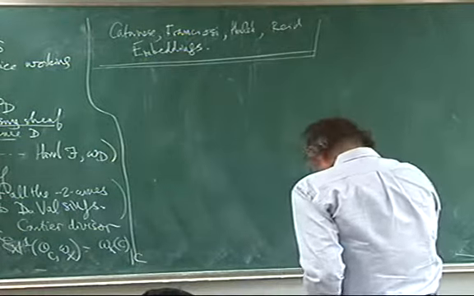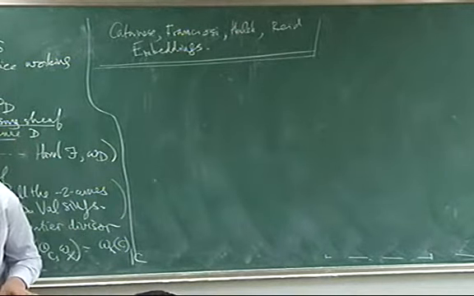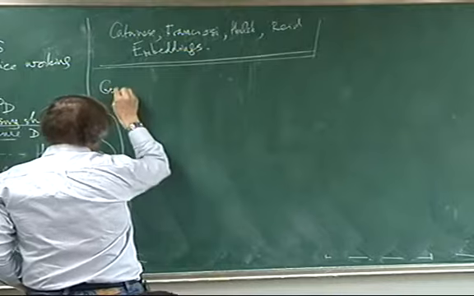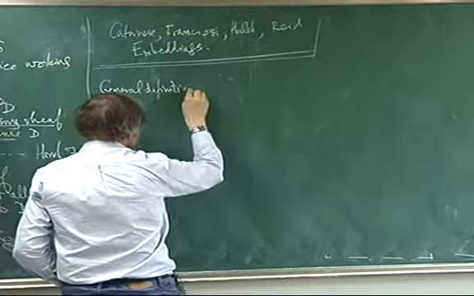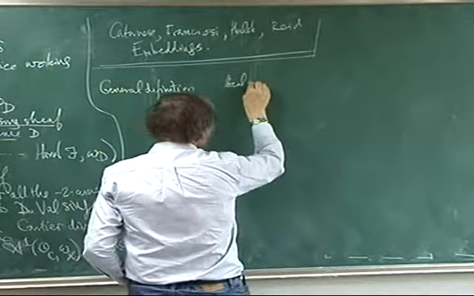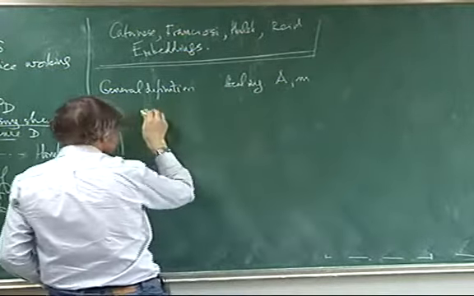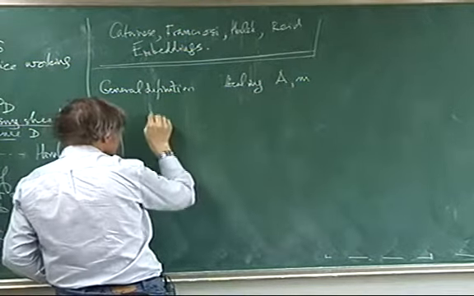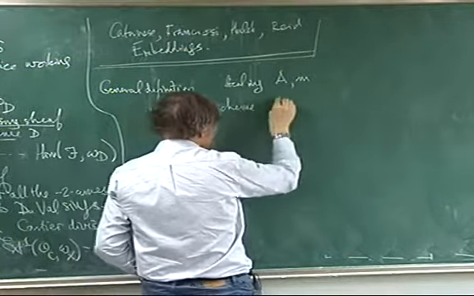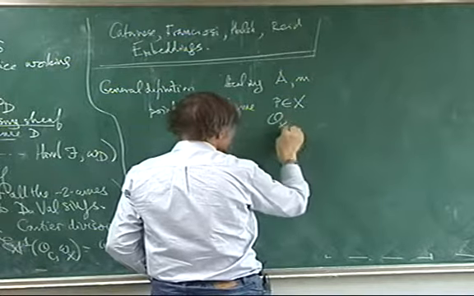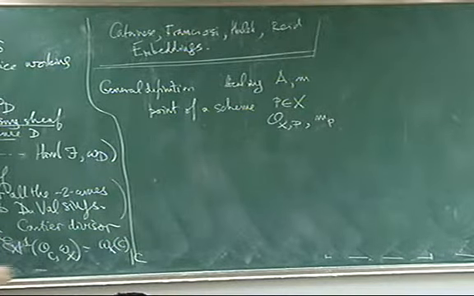Okay, so I haven't thought about exactly how to present all of this. So a general definition. This is for a local ring, so a local ring A, M, or a point P of a scheme X, so OX,P with maximal ideal M_P.